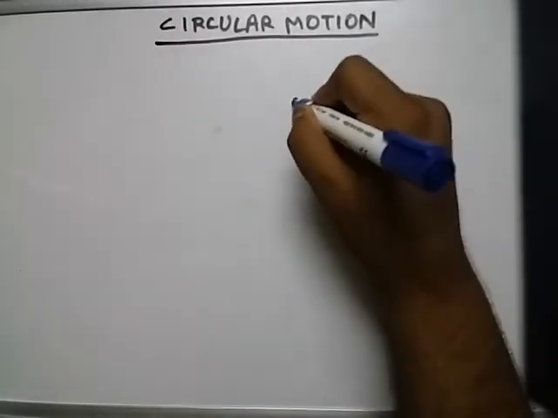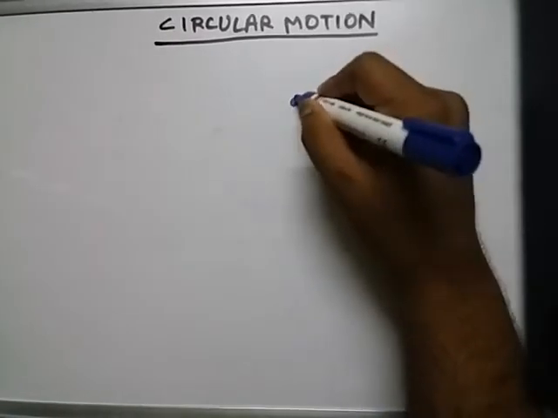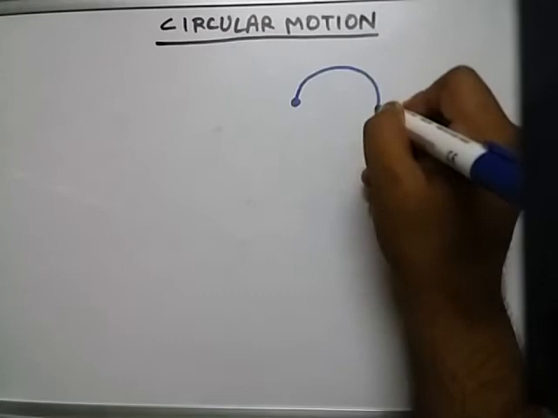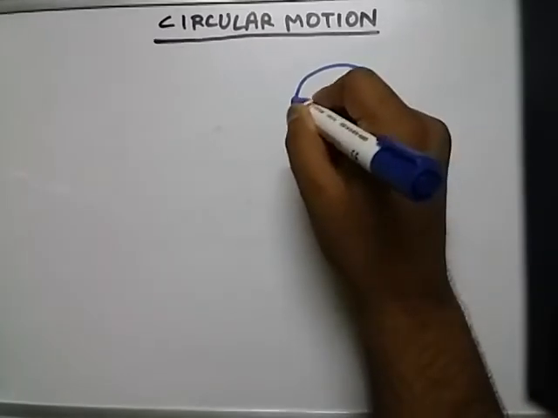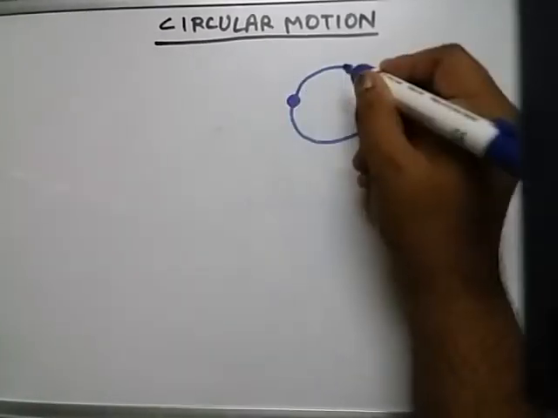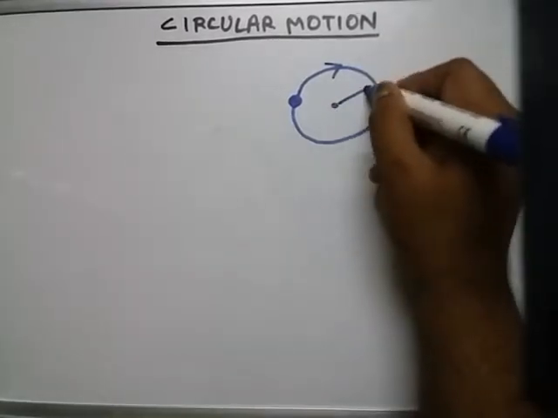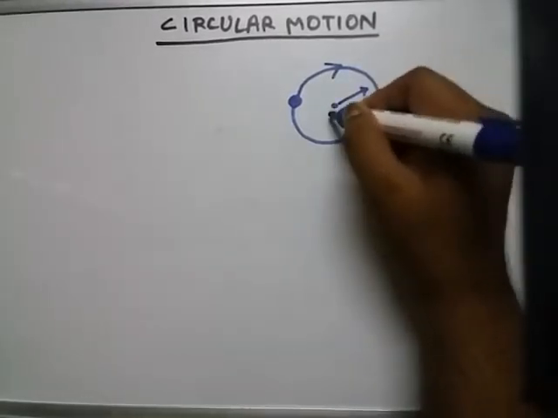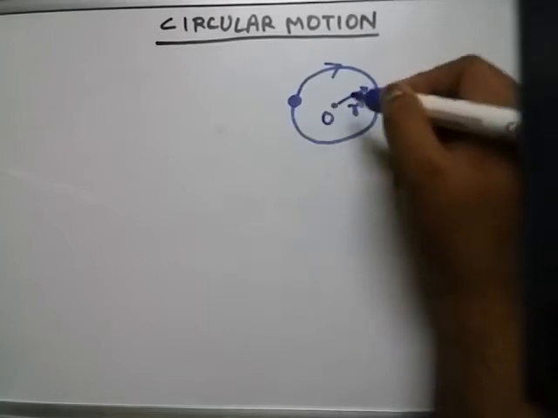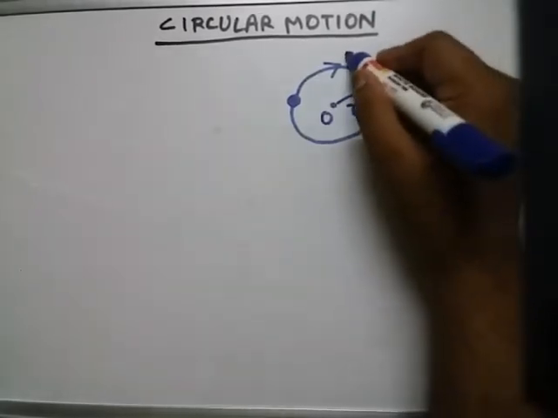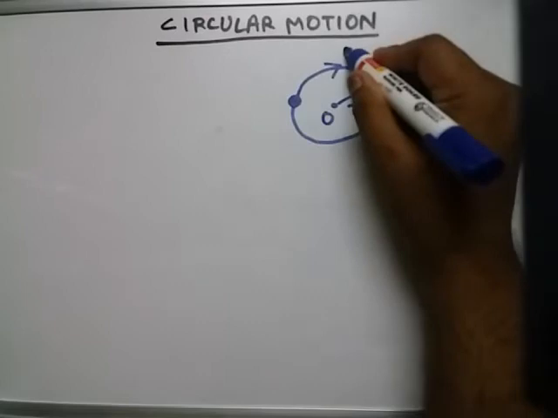It's nothing but a particle moving with uniform velocity about a circle of radius r and center O with uniform speed v.